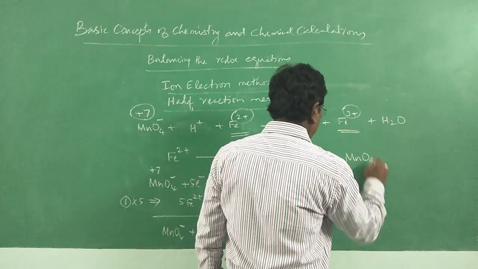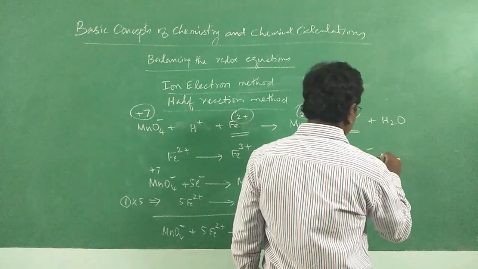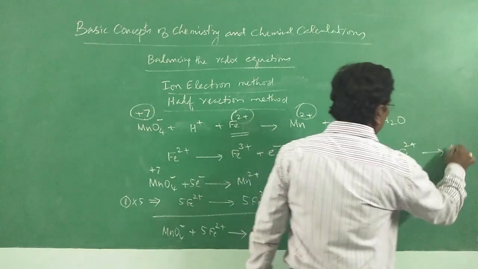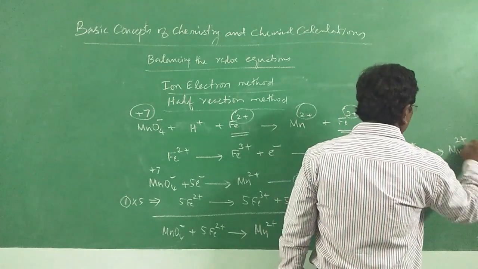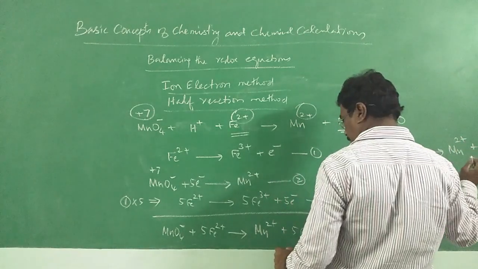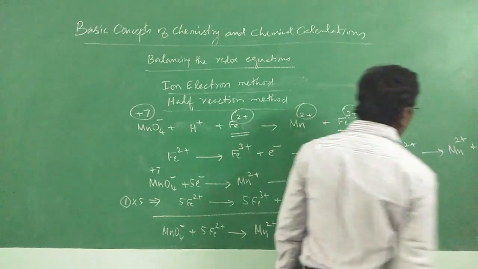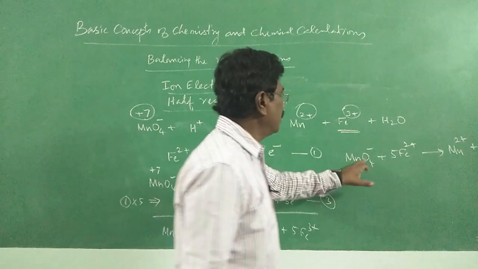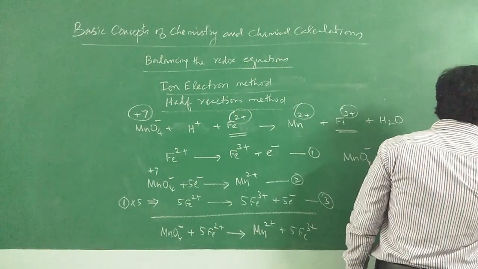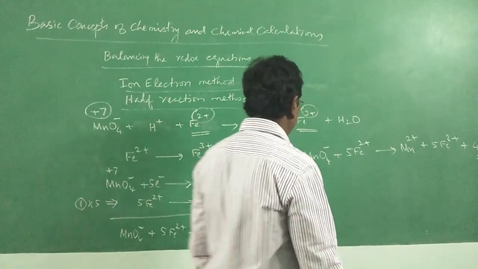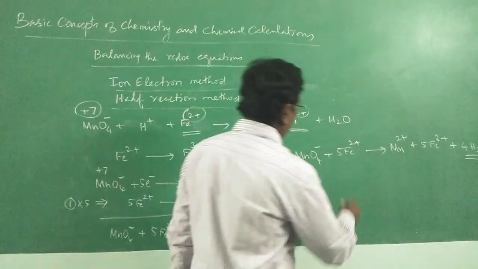MnO4 minus plus 5 Fe2 plus gives Mn2 plus plus 5 Fe3 plus. How many H2O do I have to write? 4 oxygen, therefore 4 H2O. Since there are 8 hydrogen on the product side, I have to add 8 H plus on the reactant side, that's all.